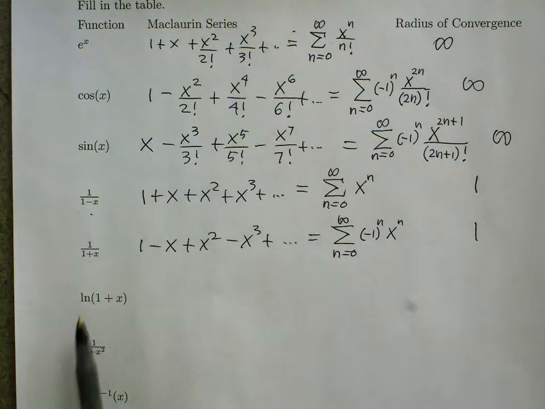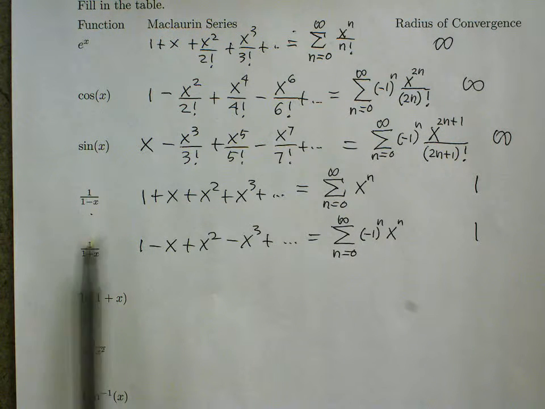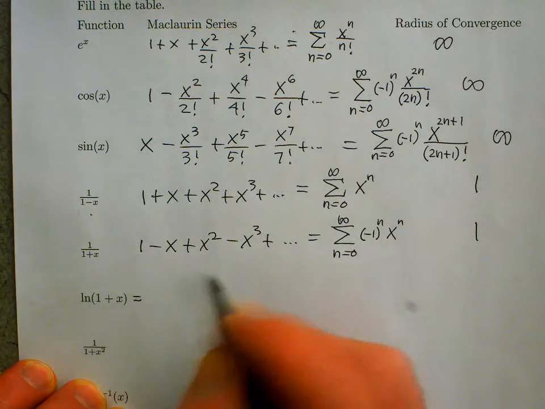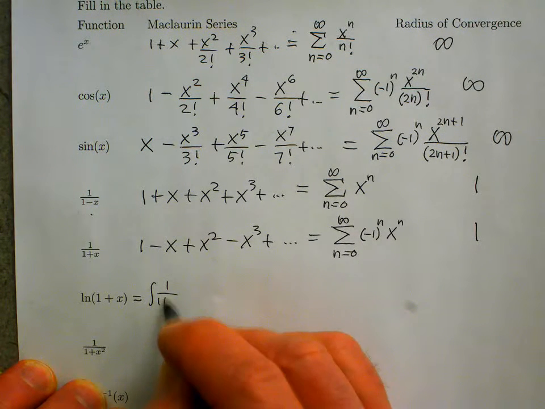Okay, what about the natural log of 1 plus x? The derivative of the natural log of 1 plus x is 1 over 1 plus x. So the natural log of 1 plus x can be found by integrating 1 over 1 plus x.